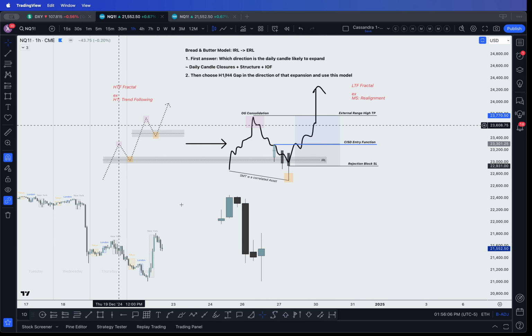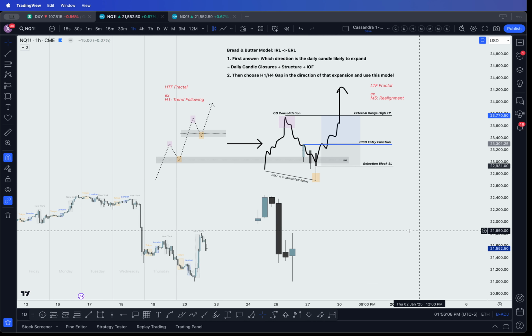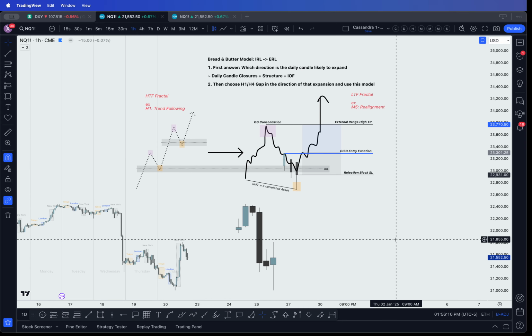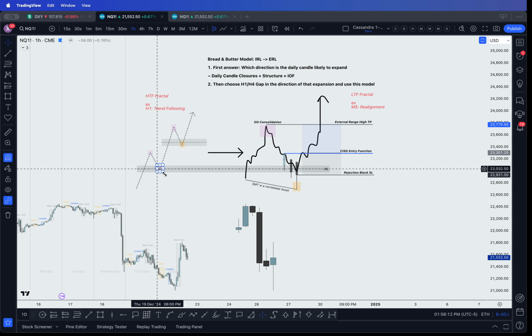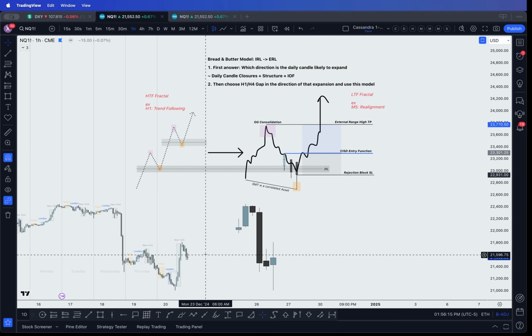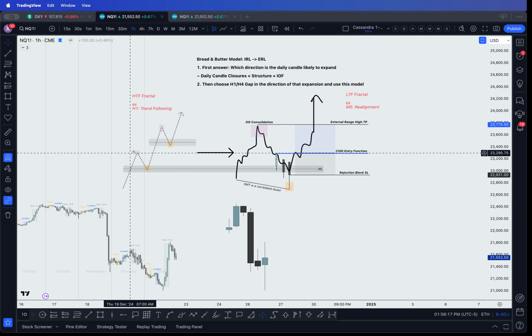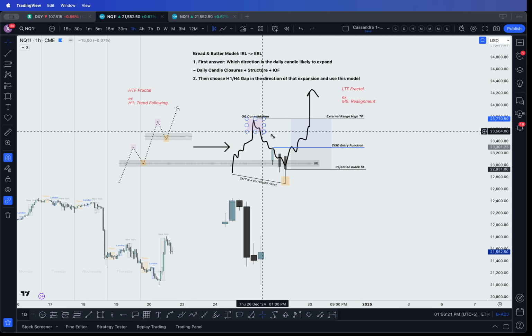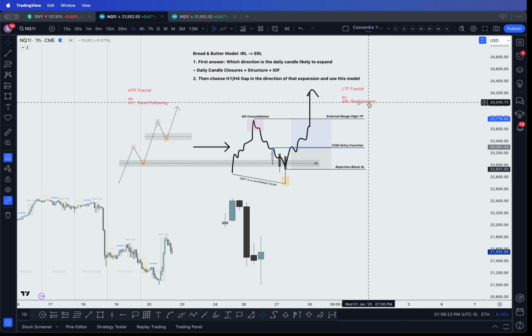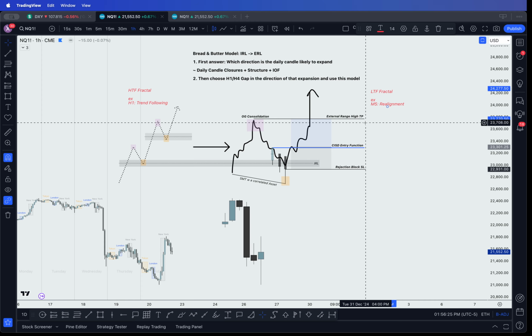Okay, so the market moves in a series of highs and lows, right? If you zoom out. Okay, the thesis behind this trading model is to capture the internal to external range expansions of the market. So every time the market moves from expansion into retracement, there is going to be some sort of lower time frame market maker model that you can realign yourself with.